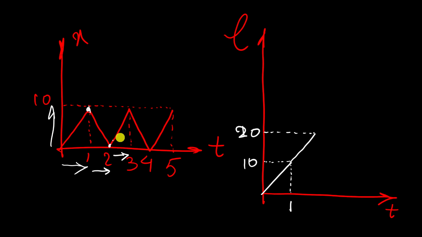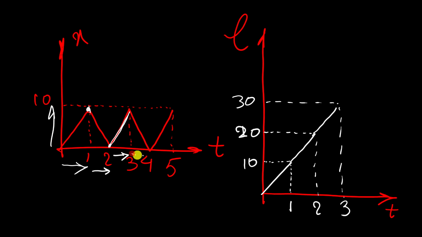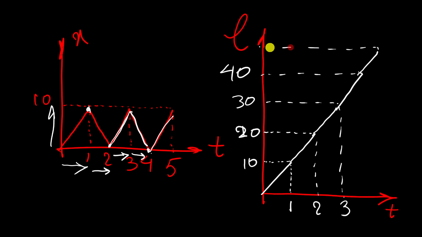From 2 to 3, it will add again a 10, so it will be 30. It is 2, it is 3. Then I continue from 3 to 4, another 10, I will get 40. And from 4 to 5, another 10. So finally, I will get 50 for the distance traveled, and it is 5. That's all. Finished. I hope you get it.